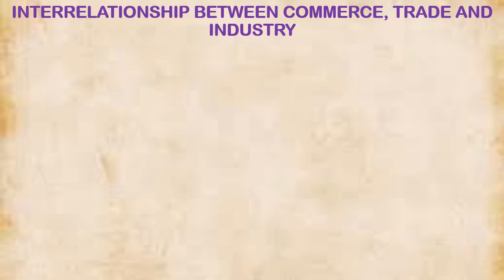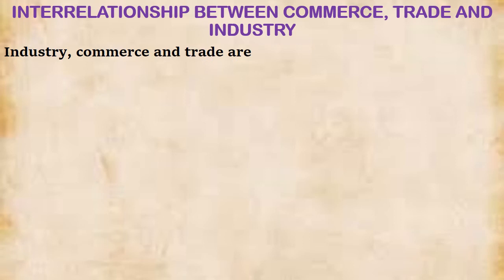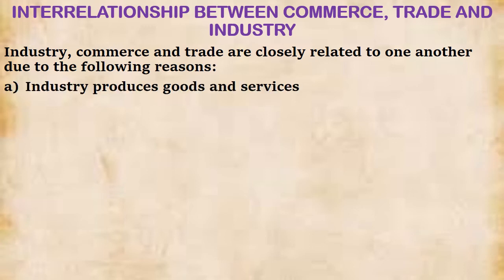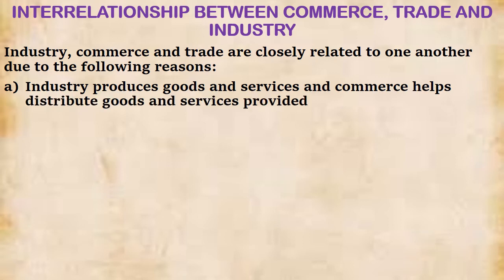Relationship between commerce, trade and industry. Industry, commerce and trade are closely related to one another due to the following reasons. Industry produces goods and services, and commerce helps distribute the goods and services provided by the industry.